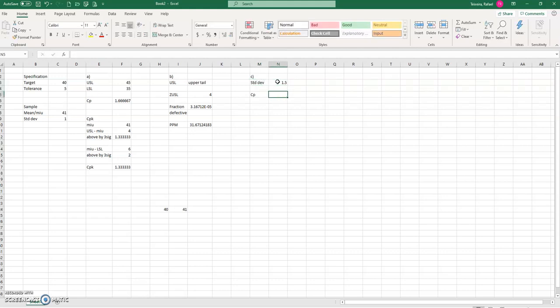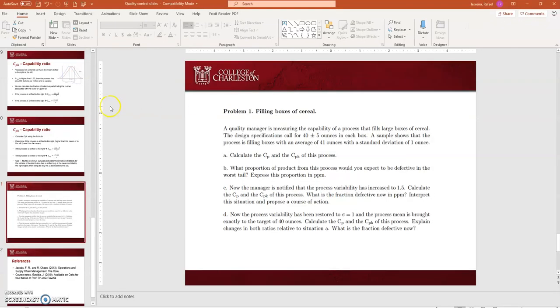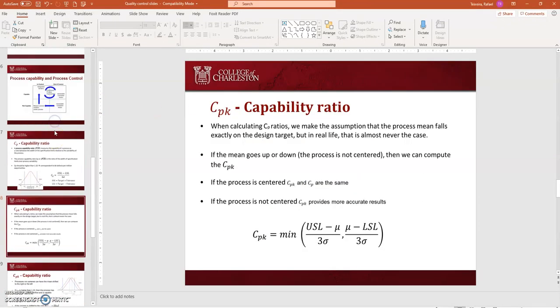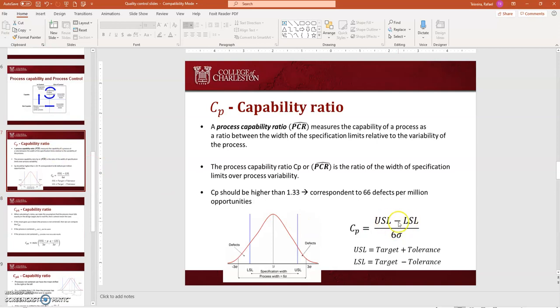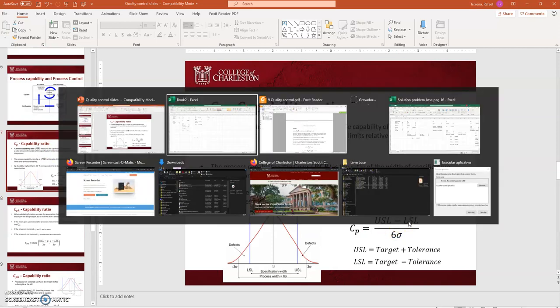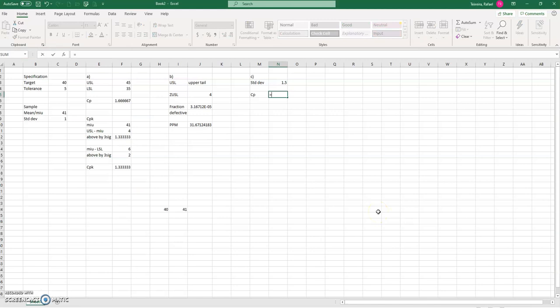So my CP, remember the CP formula is upper minus lower divided by 6 sigma. So it's equal to upper minus lower divided by, open parentheses, 6 times the standard deviation.